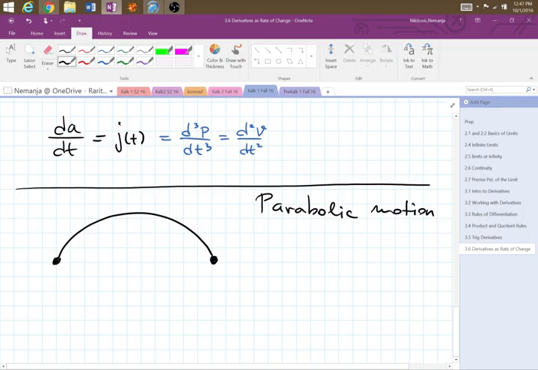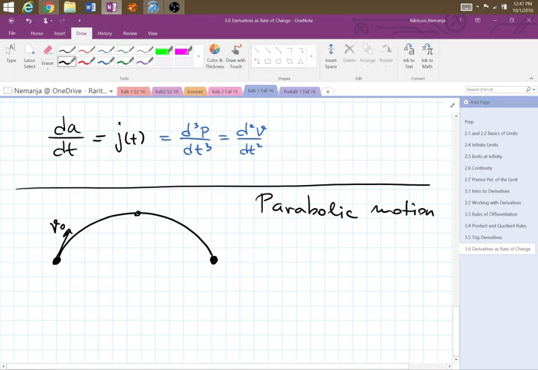You start by throwing it, which has initial velocity, but then it's immediately going to start slowing down because of the gravity. And eventually it's going to bend and fall back to the ground. So we're going to have some initial velocity, we can call it V0.